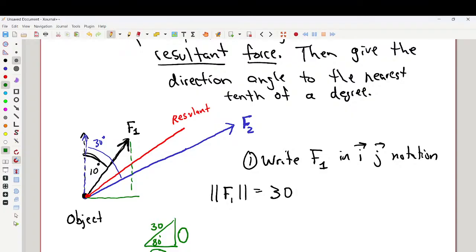Why did I say that's a connection to our last unit? Because when I was talking about the polar form of complex numbers, I said the x coordinate is the radius times the cosine of the angle. So there's also a connection to the complex plane. This right here is going to be 30 cosine 80 degrees, and this right here is going to be 30 sine 80 degrees.